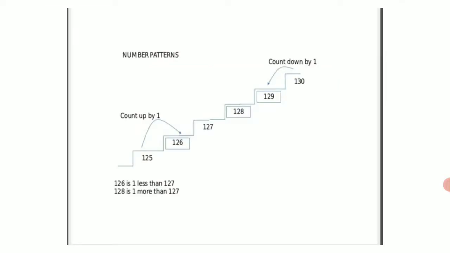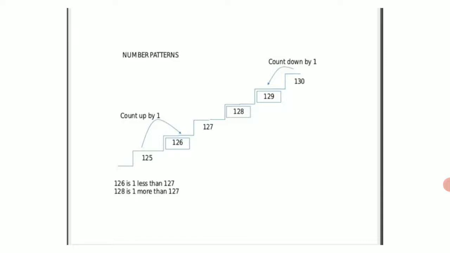Now children, let us come to number patterns and how we are going to deal with them. The number pattern has a certain system. We skip by that particular number and then go on writing the next number. Suppose we are writing the number pattern counting by 1.